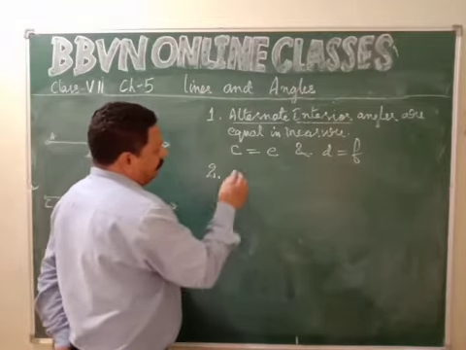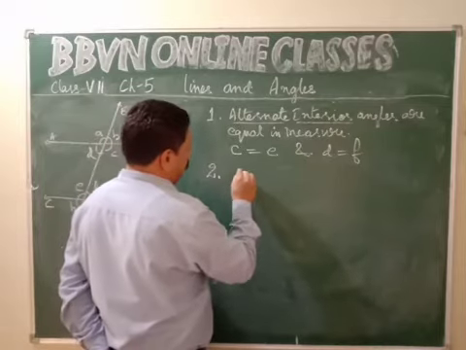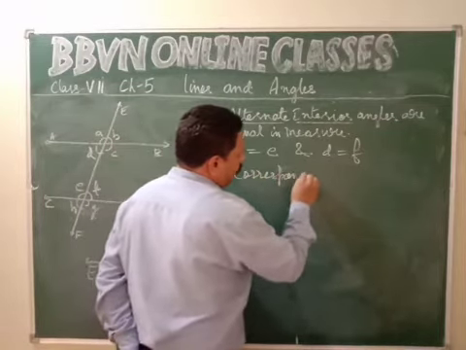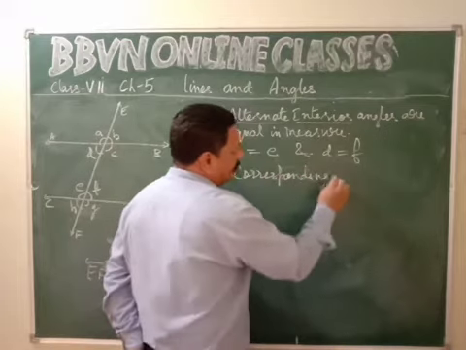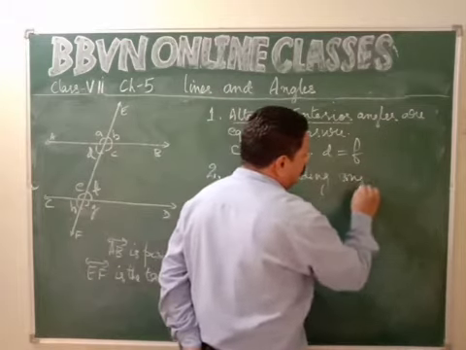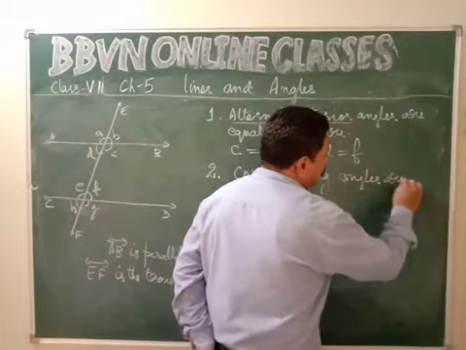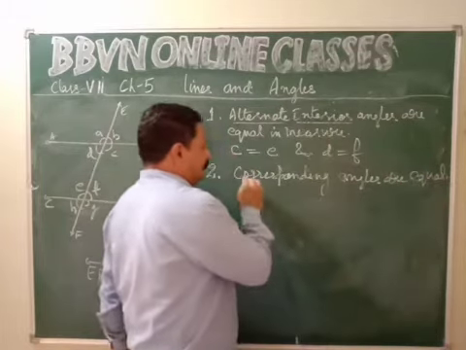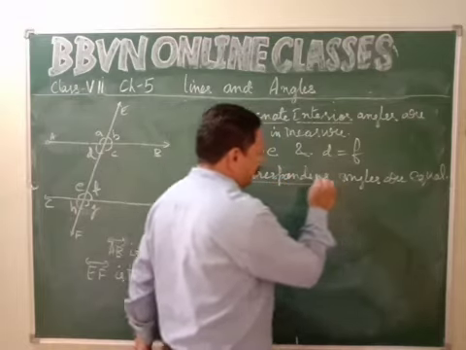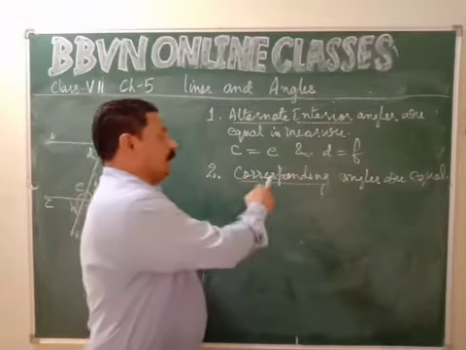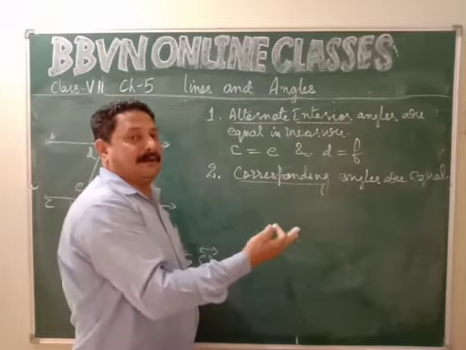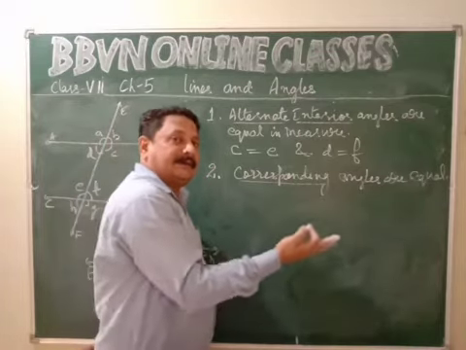Second property, corresponding angles are equal in measure. Corresponding, see the word corresponding, you need to understand it. To respond in the same manner means to be in the same position.